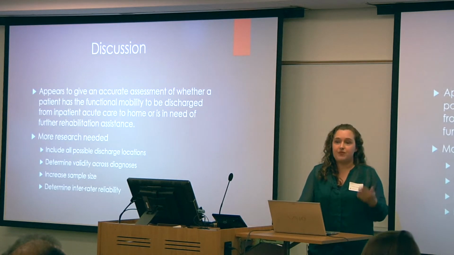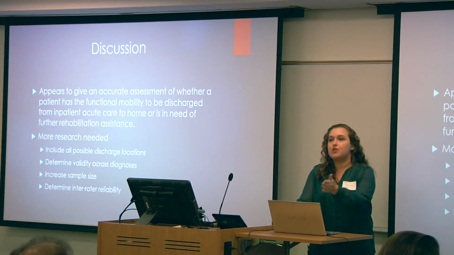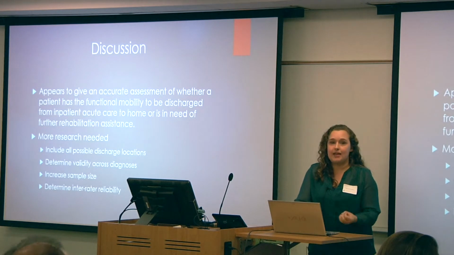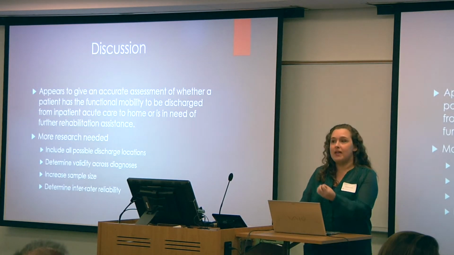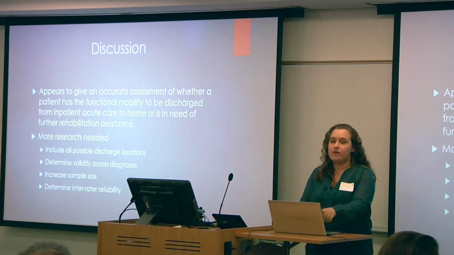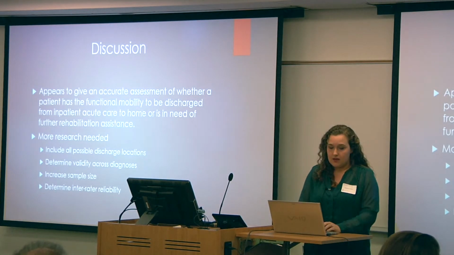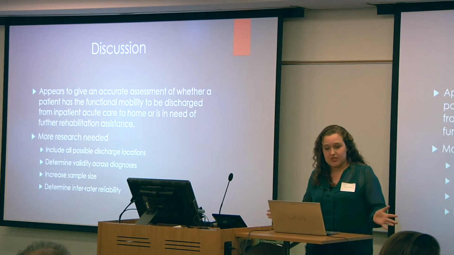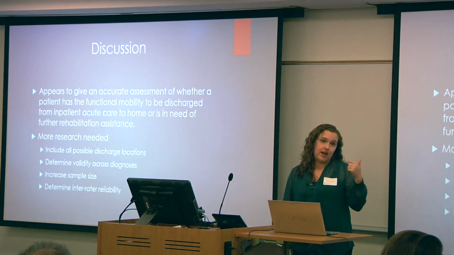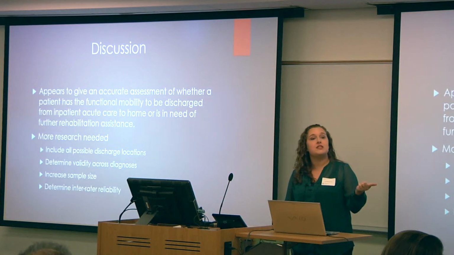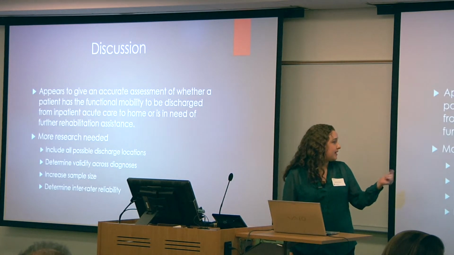But it does reflect the patient's ability to move, and therefore can be a useful tool in providing information for you to make an educated decision on where this patient will thrive. There is more research needed. Acute care and adult living facilities were not included in mine, like I said.